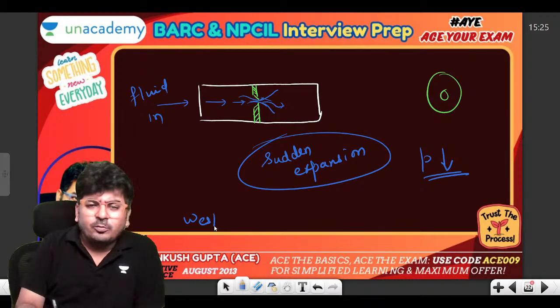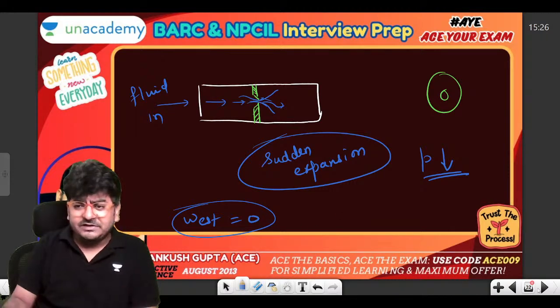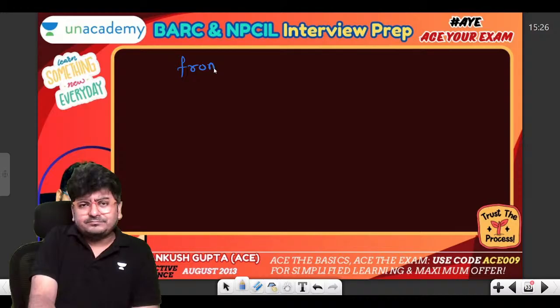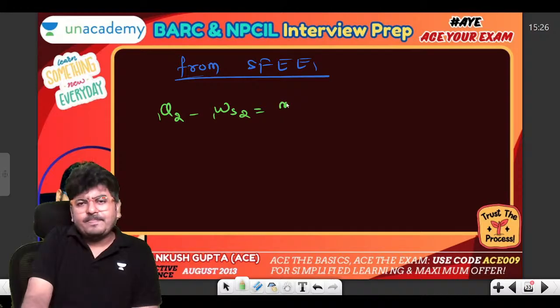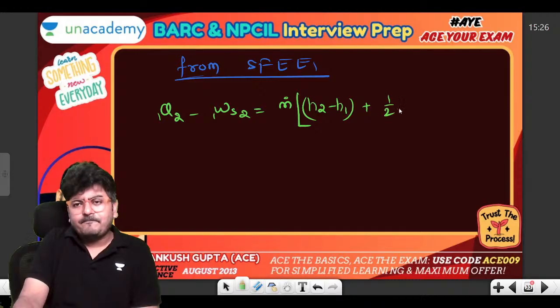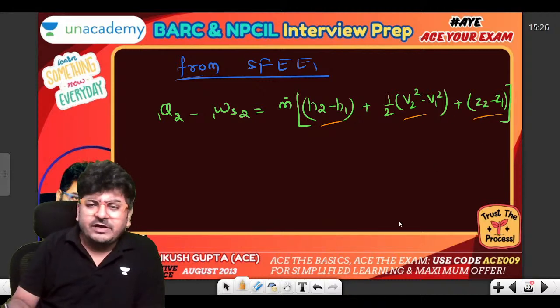And here you can understand there are no moving parts, so no external work is done here. If you see the steady flow energy equation, where this is the change in enthalpy, change in kinetic energy, change in potential energy.